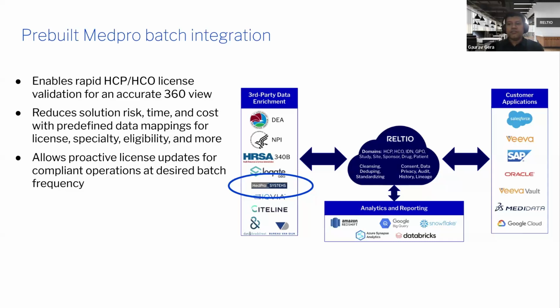So our data tenants are refreshed on a daily basis for 340B. As for Metro, our integration is through our Reltio Integration Hub platform. We have developed preset recipes that are pre-integrated with the Reltio for Life Sciences Velocity Pack for HCP and HCO, and these are batch integrations. So you have the flexibility, based on your contract with Metro, to run these batch jobs on a monthly basis, a weekly basis, or even a daily basis to get your data refreshed from Metro.